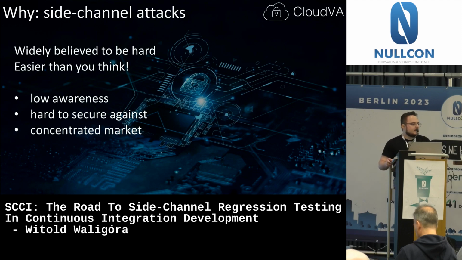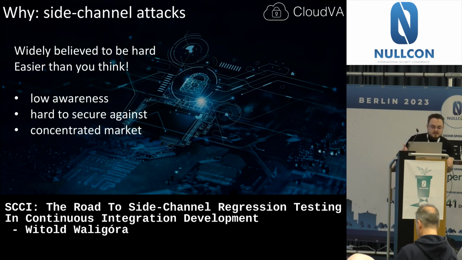They are also hard to secure against, hard to test, and basically hard to do countermeasures unless you have secure hardware already. So if you use a secure element like an NXP chip, for example, with side channel protection internally, that's better. If you don't have a secure element, it's very hard to protect against side channels.